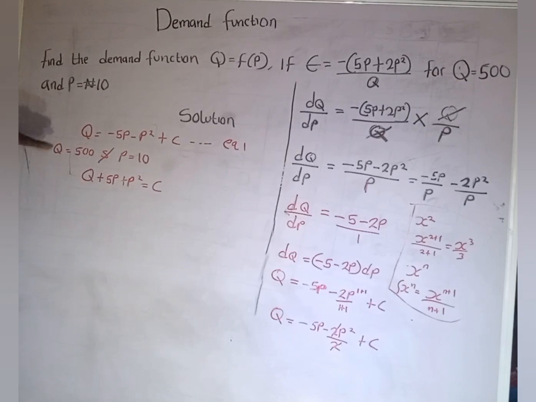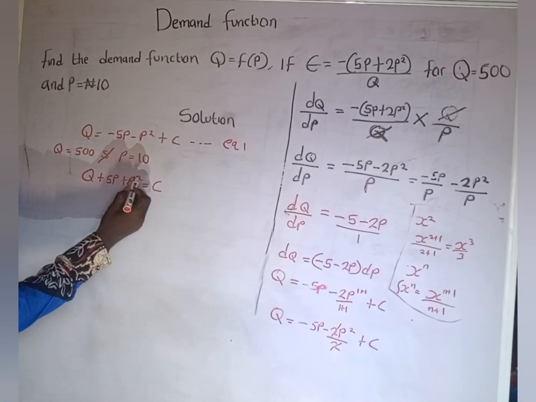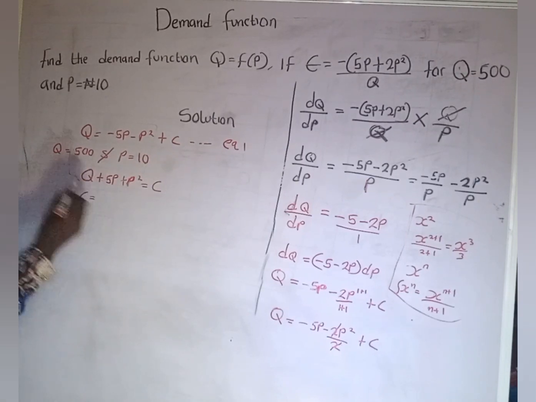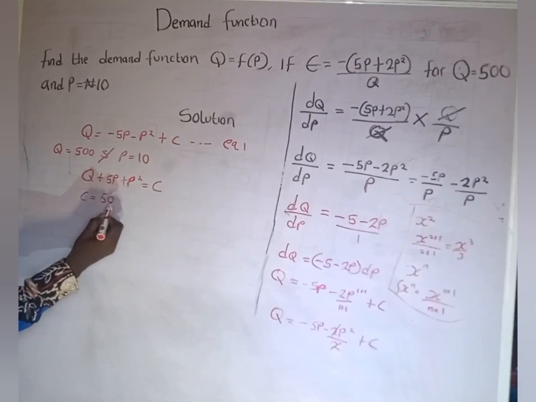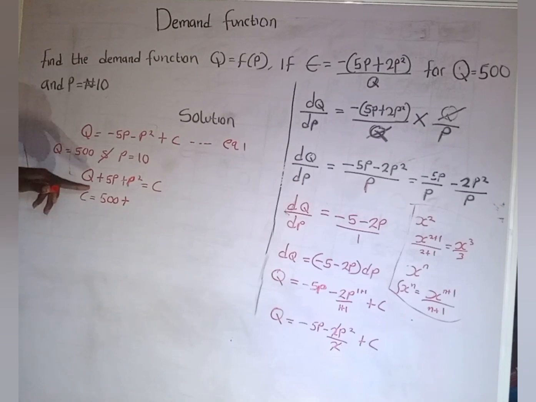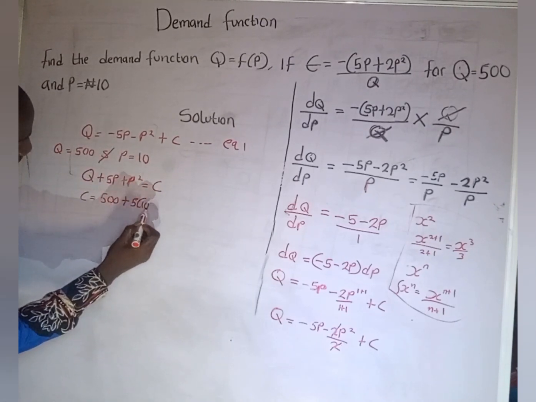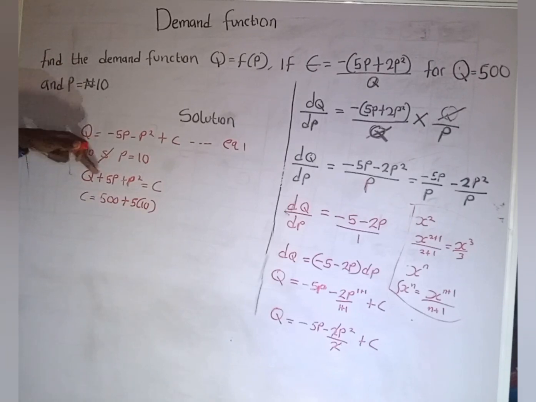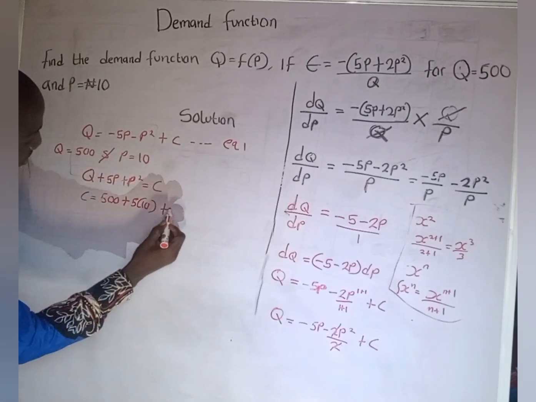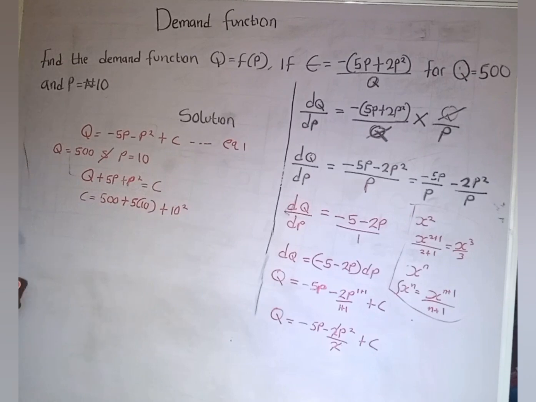The next thing is to substitute the values of Q and p respectively. So c is equal to, don't forget Q is 500, plus 5 into bracket 10, where p is 10. For the next one, p squared, that is 10 squared.